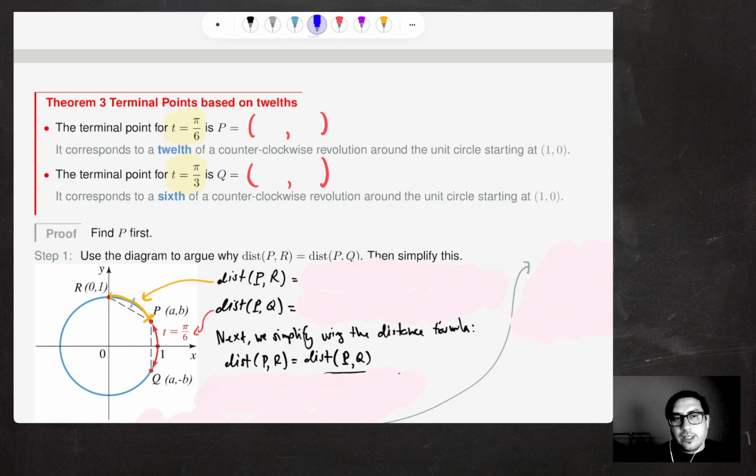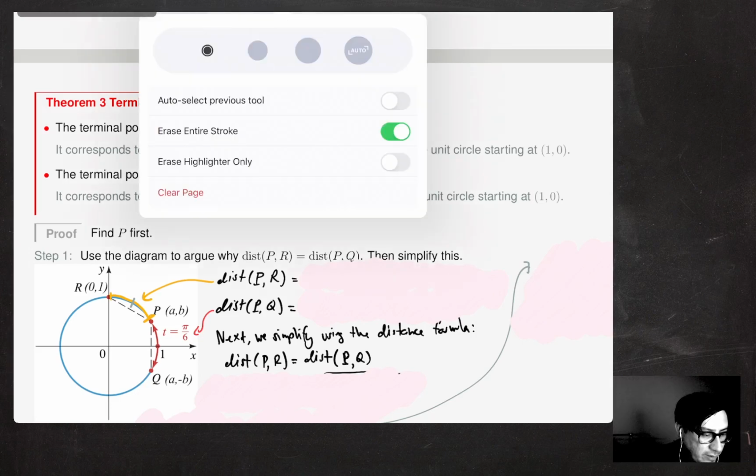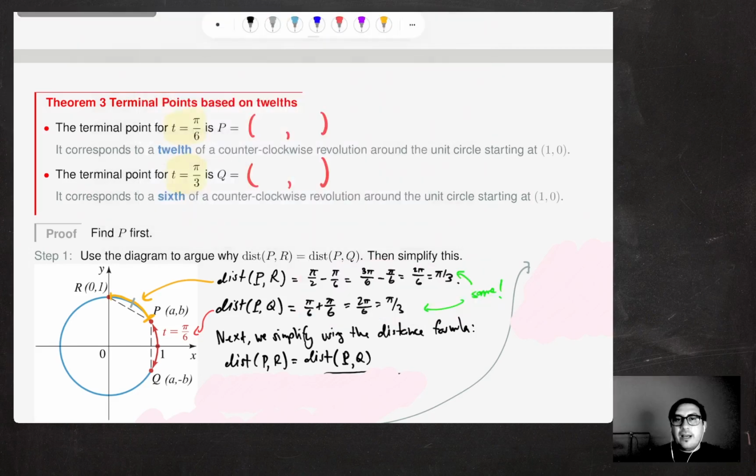So the orange distance is actually the blue minus the red. Let me uncover this part here. That's going to be pi over 2 minus pi over 6. If we do some quick algebra, it gives us pi over 3. So now we know that this orange piece is pi over 3.